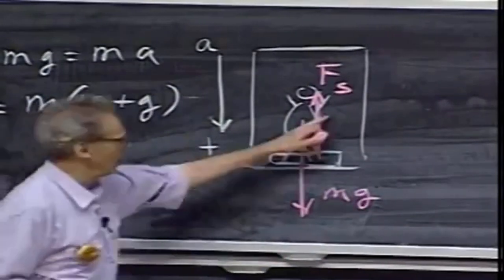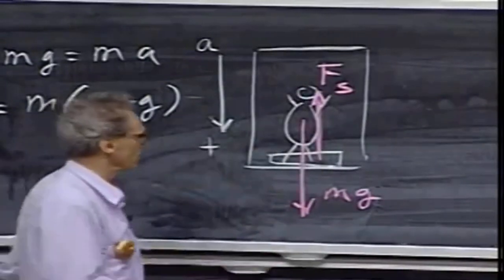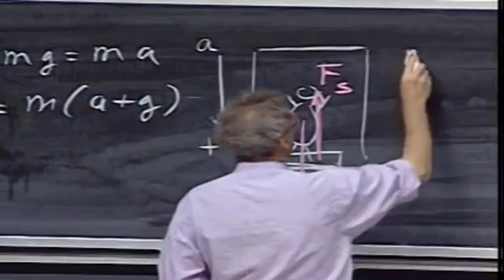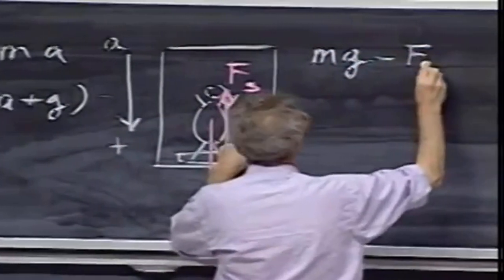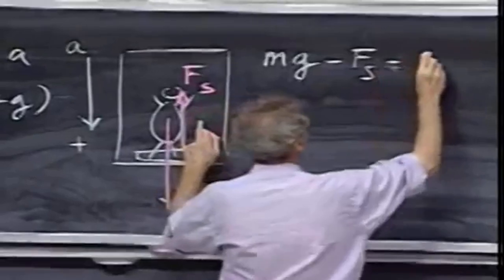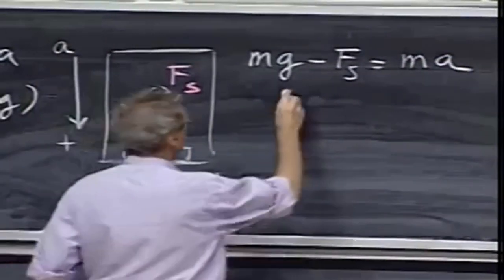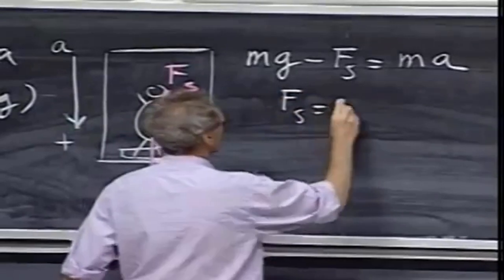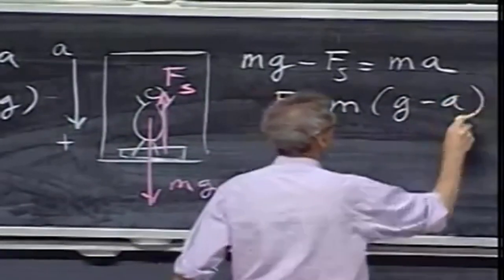Clearly, mg must be larger than F of s, otherwise you couldn't be accelerated downwards. So if now we write down Newton's second law, then we get mg minus F of s must be m times a.